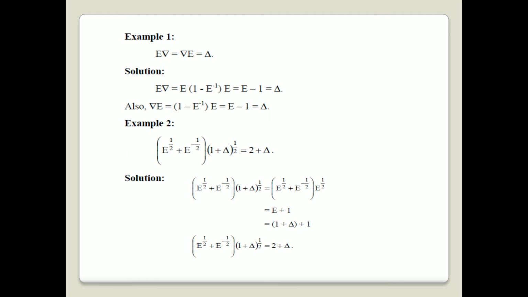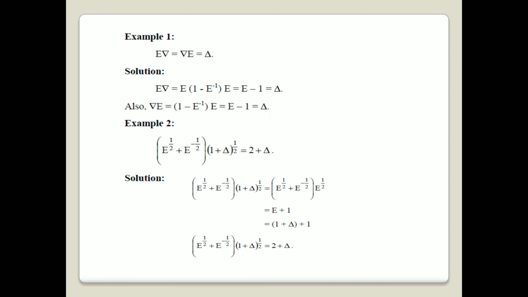So it gives E into 1 is equal to E, and E raised to minus 1 into E is equal to 1, because E raised to minus 1 into E raised to plus 1 becomes E raised to 1 minus 1, which is E raised to 0, and anything raised to 0 means 1. That is E minus 1, and E minus 1 means delta. So we can easily prove this relation.